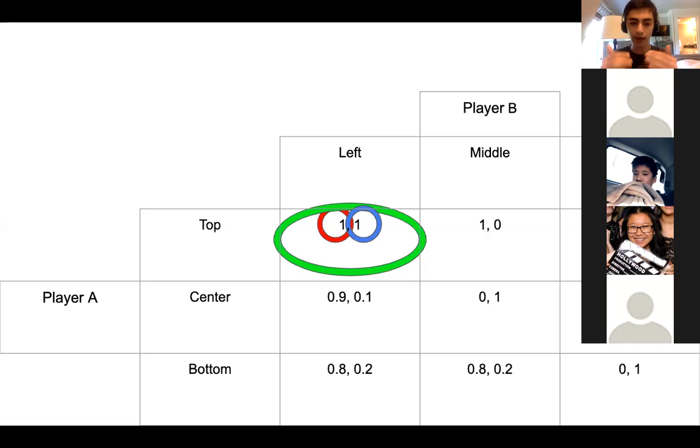So we should both go for the Nash equilibrium, because I know that if I stay with the Nash equilibrium and they switch, they're going to be worse off. And if they stay with their Nash equilibrium option and I switch, then I'm going to be worse off. So in that case, it's not necessarily the optimal solution, but it's the solution in which both players have a mutual understanding.